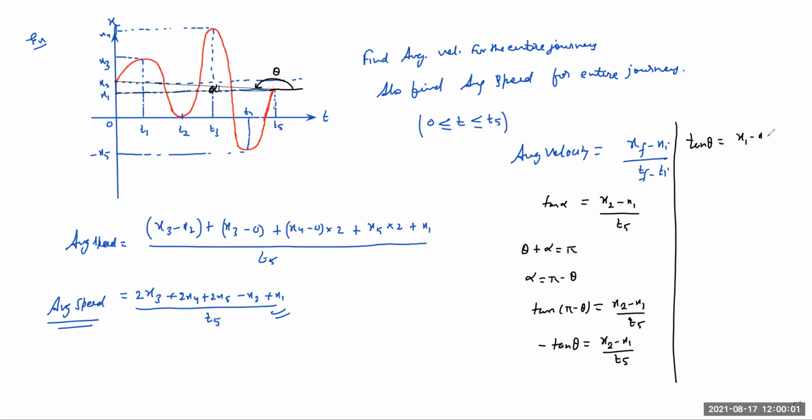And you can see that the slope is not turning out to be what we expected, right? So the slope is x2 minus x1, sorry, this is t2. Why am I writing 5? So you can see that this is what we were expecting, and that's the average velocity.